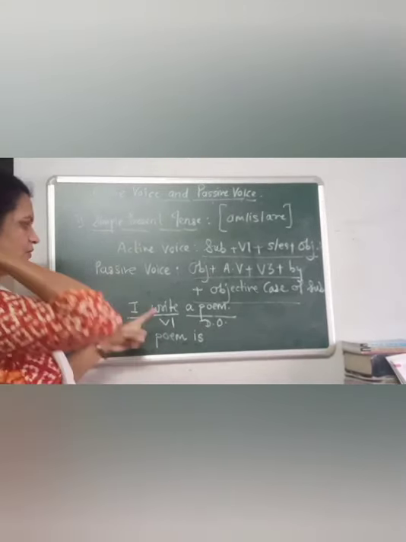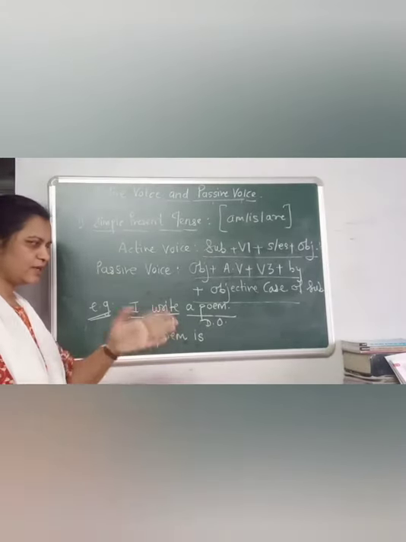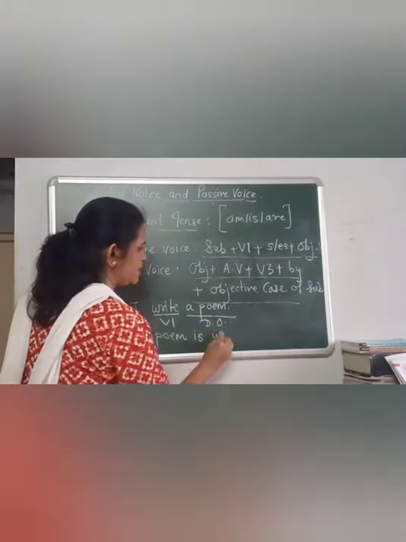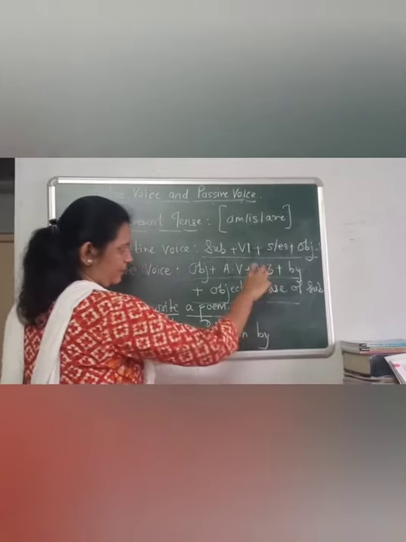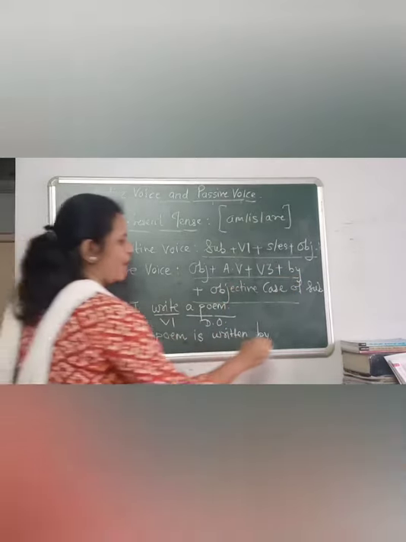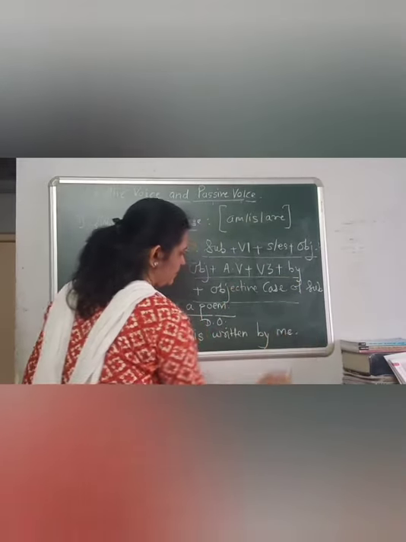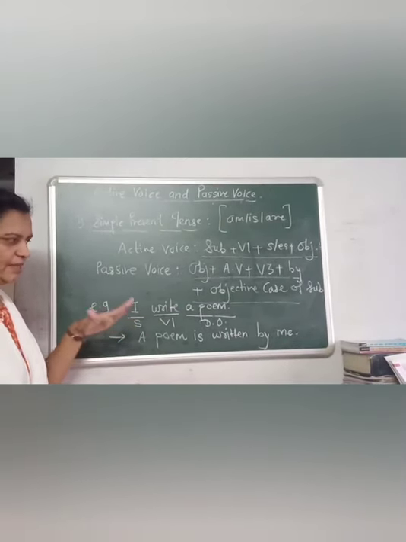Now we have to write down the V3 means the past participle. Write, wrote, and written. So a poem is written by. It's already written in a construction, and the objective case of I is me. I write a poem. A poem is written by me.